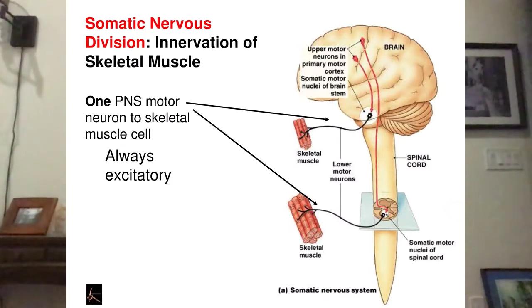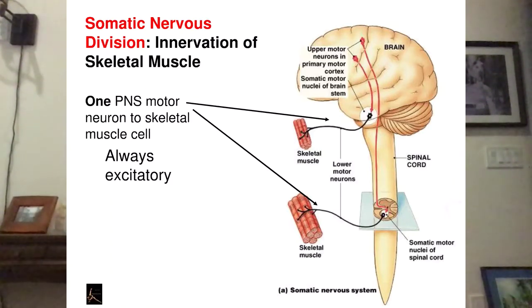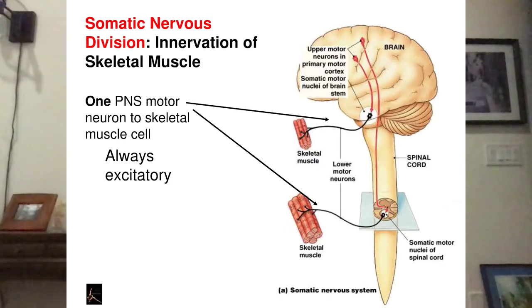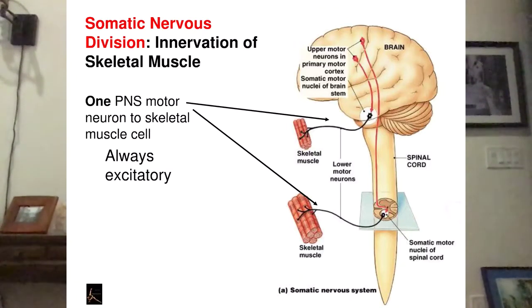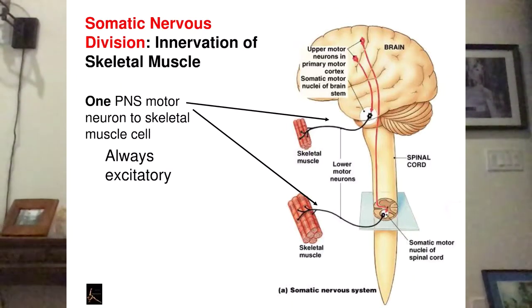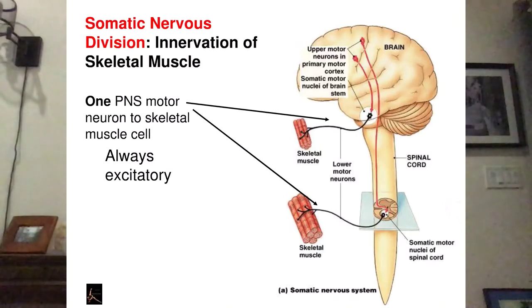Again, this is voluntary control, which is different than what we were just talking about with our reflex arc. We know that just looking at the picture, because the nerve pathway is originating in the motor cortex, the cortex of the cerebrum.